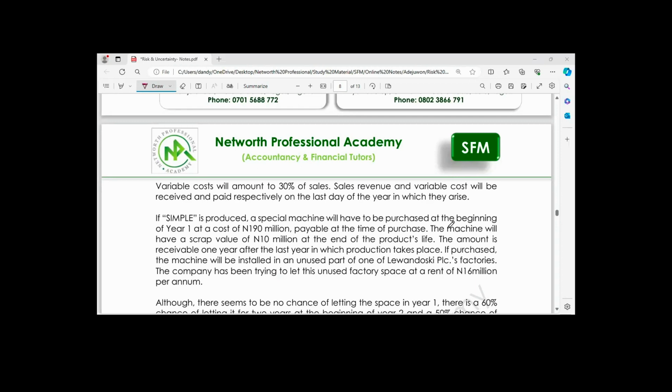We had risk and uncertainty last week. We did not complete it. We did only expected value, standard deviation, and coefficient of variation. So there are still other areas we need to cover. So this is just a continuation of risk and uncertainty. All right, sir. Thank you, sir. You're welcome.